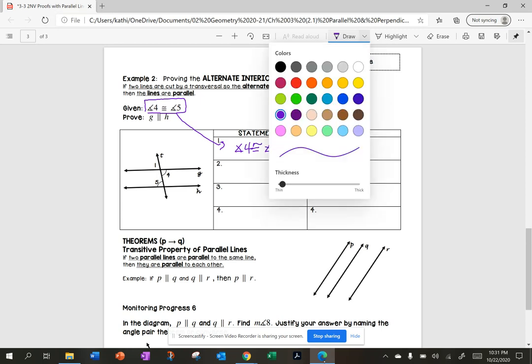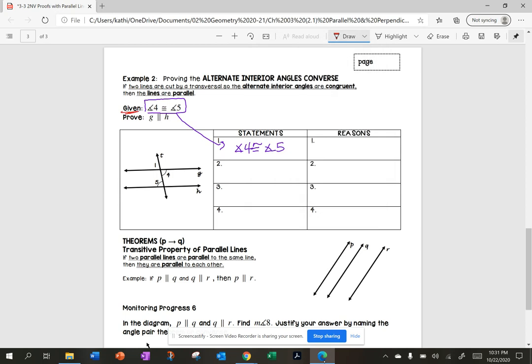And I can state that because that is given. And I am trying to prove, so I'm doing the proving, but I don't ever write the word proof, that line G is parallel to line H.